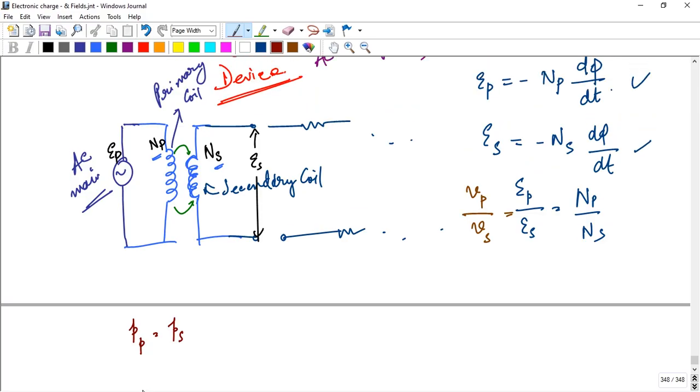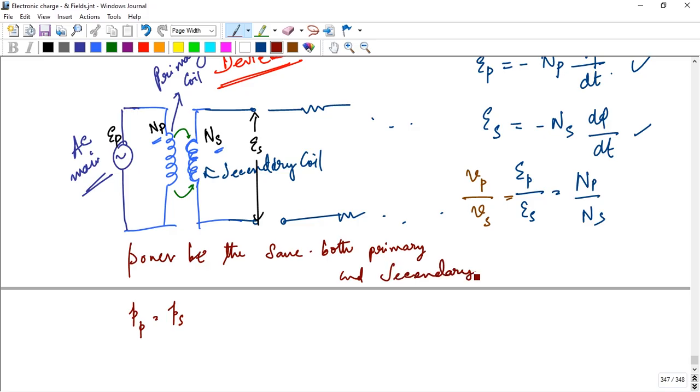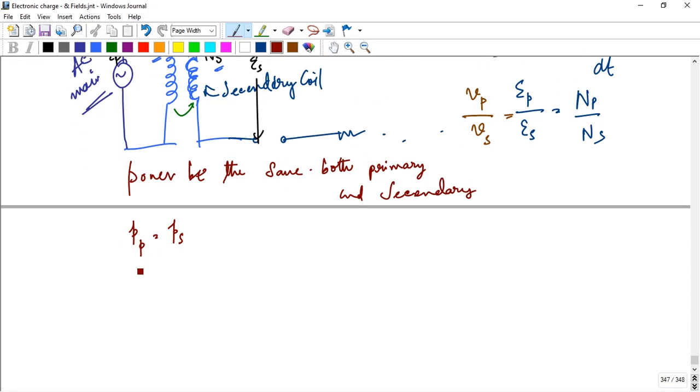So the power in primary equals the power in secondary. By the power formula, voltage in primary times current in primary equals voltage in secondary times current in secondary.